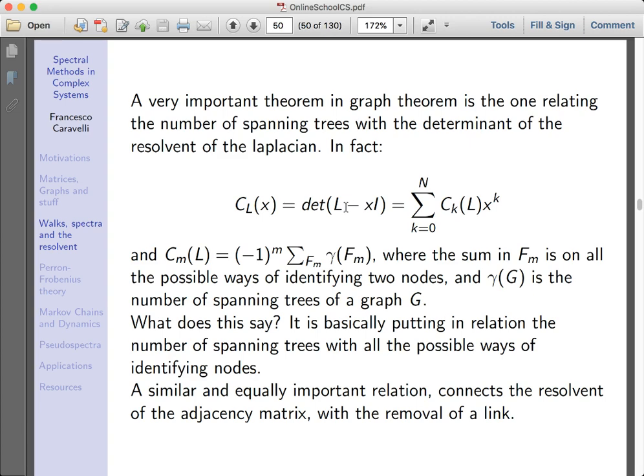So this is another way of saying that the number of spanning trees is connected to the eigenvalues of the matrix L, which in turn is also connected to the adjacency matrix.